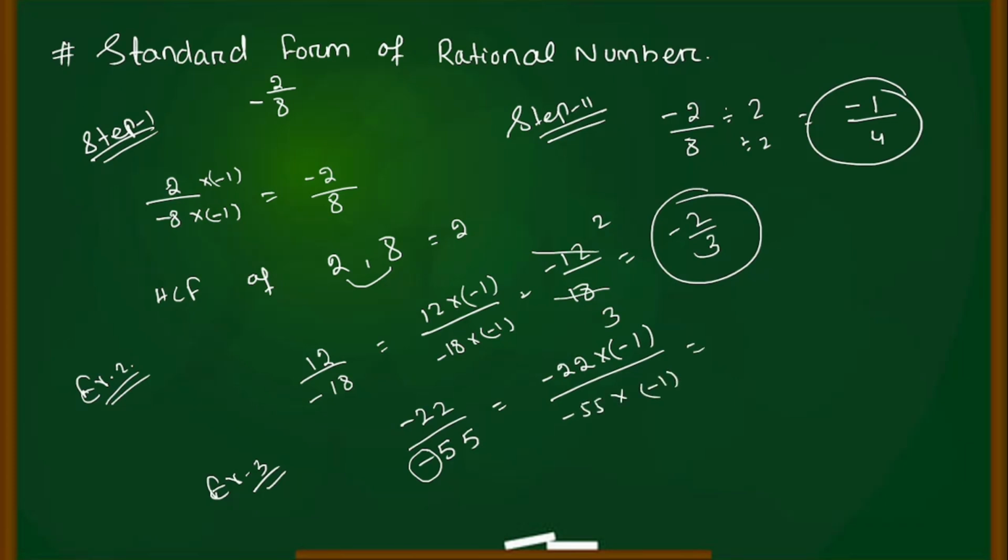That is 22 divided by 55. Now again cancel, or divide by the HCF. For 22 and 55, the HCF is 11. Simply divide by 11, or cancel: 11 2s are 22, 11 5s are 55. So the answer is 2 by 5. Any doubt? The standard form is clear.